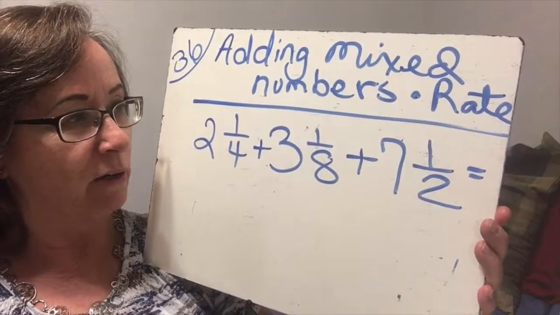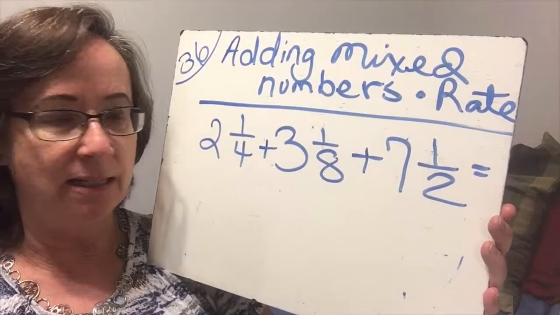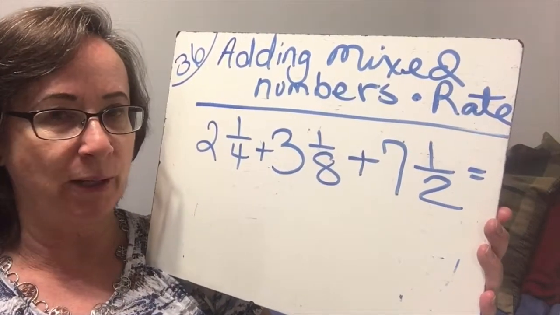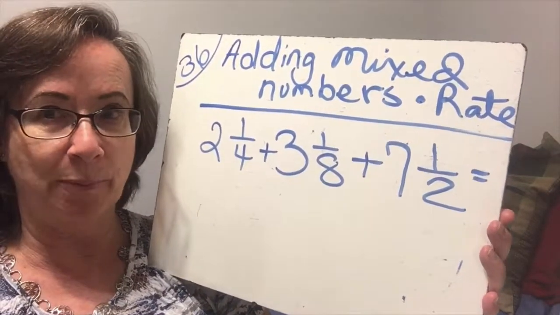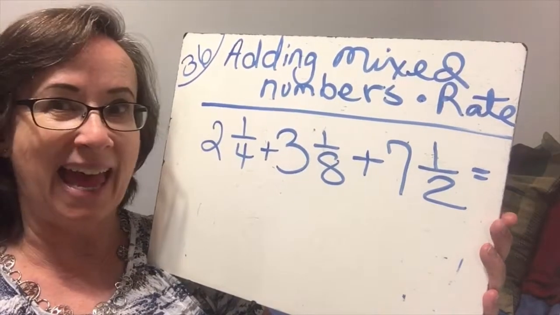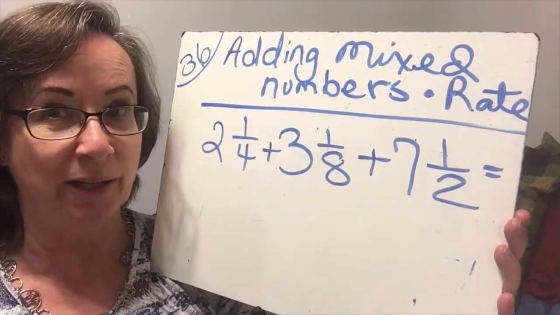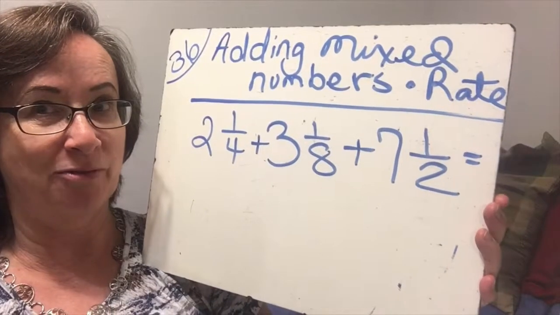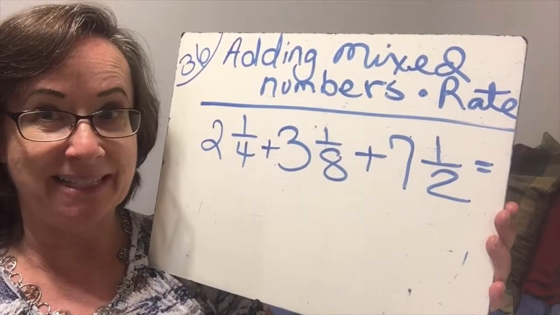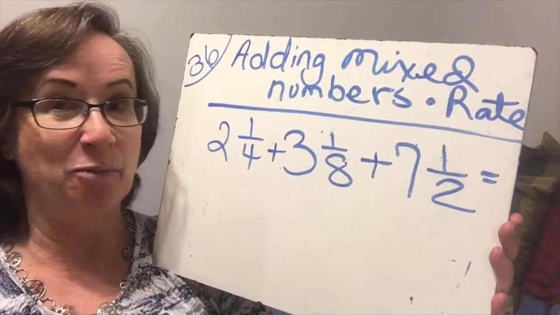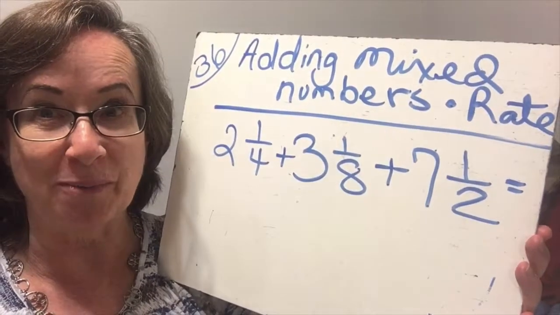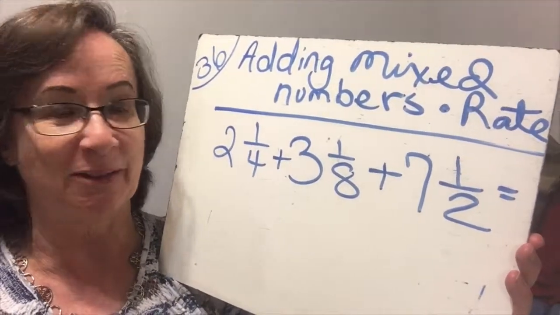We're going to add the numbers by first putting them in their improper form, and then we're going to add the numbers without putting them in their improper form. We're going to see that we get the same answer, and adding them without putting them in improper form is faster, so we're going to learn to do it that way.